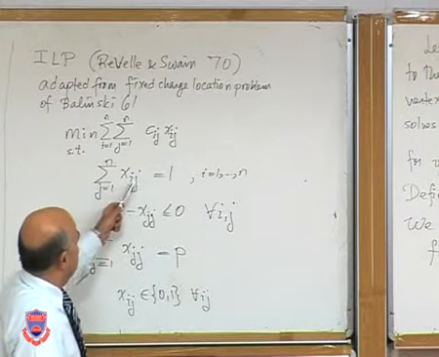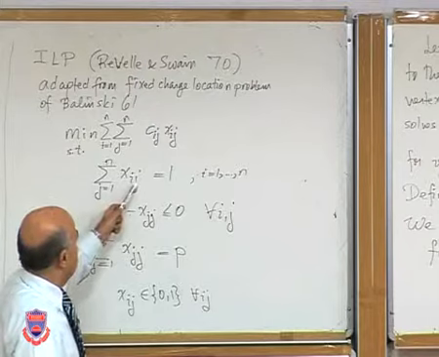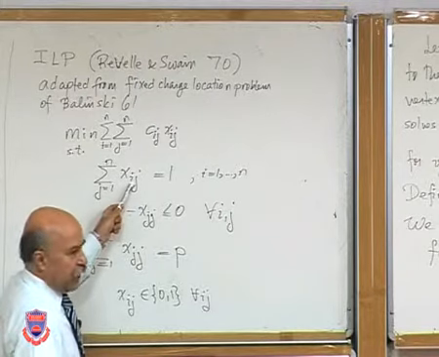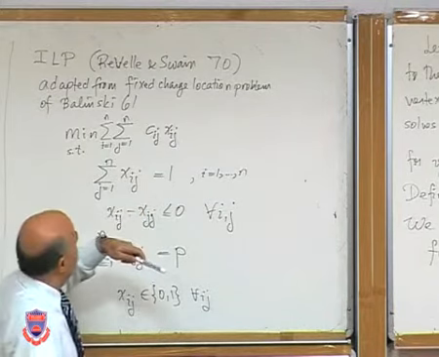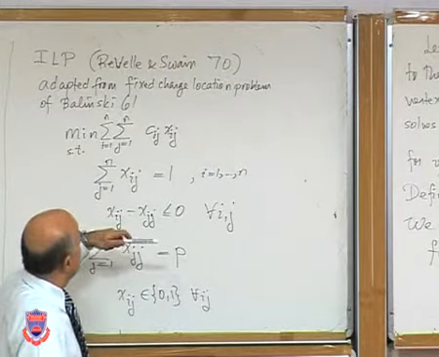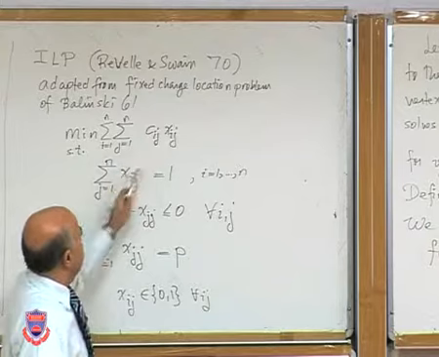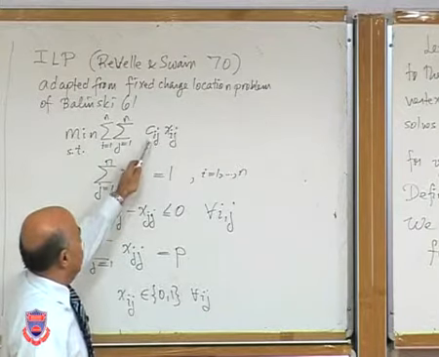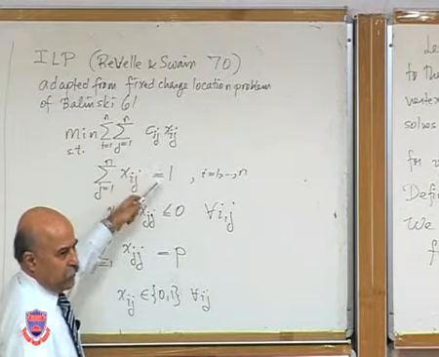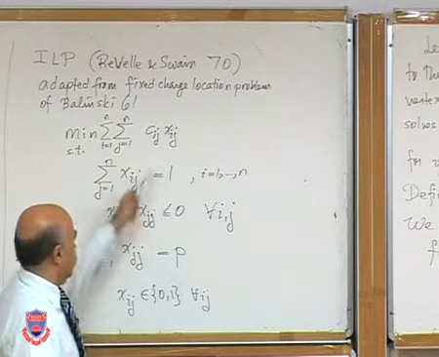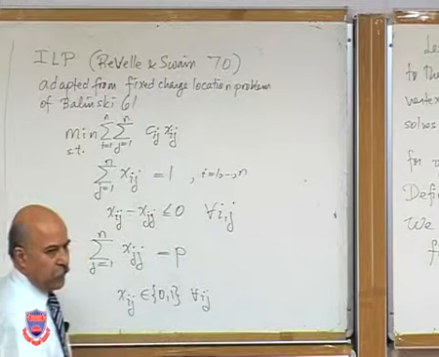If this is, for example, 2, that means your facility i could be receiving service from either one or the other. But normally, because of the optimization, if Cij's are positive numbers, it won't do that. Okay, so you can certainly relax it to a greater-or-equal type inequality.